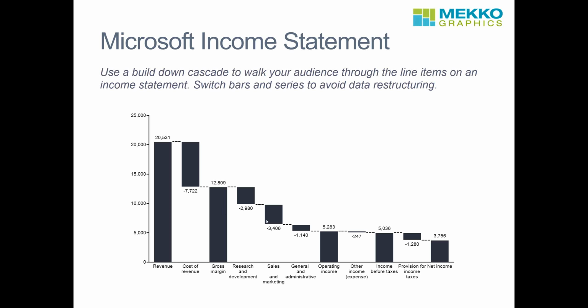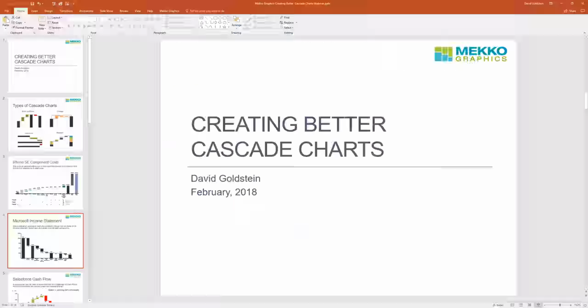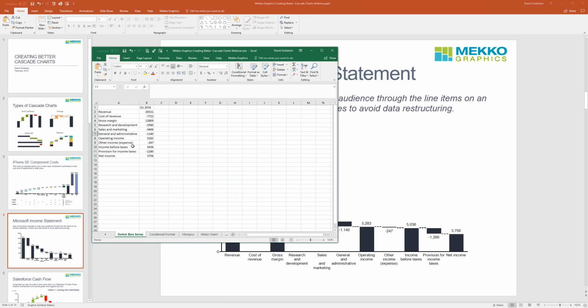Here we've got several different subtotals: gross margin, operating income, income before taxes, and net income. And let me show you how to do this. I'm going to show you how to make this chart using Excel. So I'm going to switch to Excel.